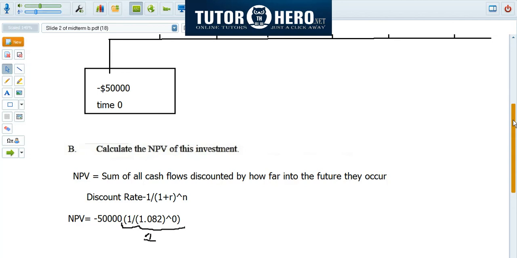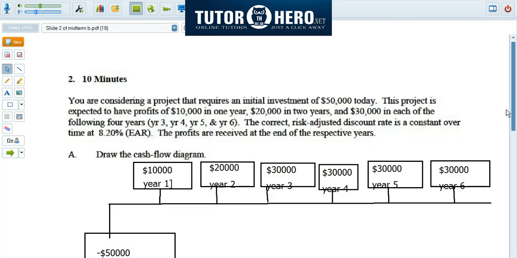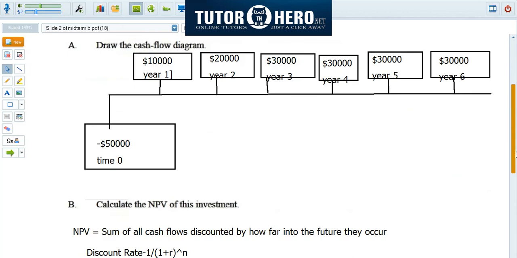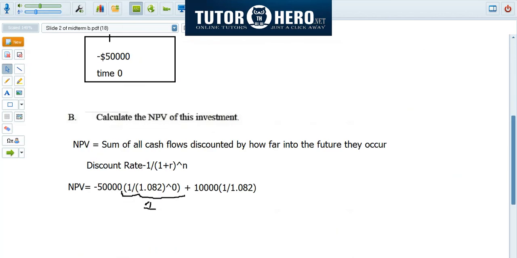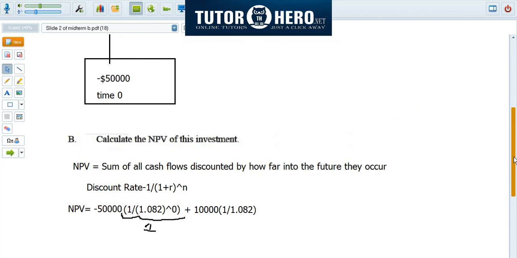For the next year, you get $10,000, and you're going to multiply it by the appropriate discount rate, which is 1 over 1.082. Again, you could raise that to the 1 power, but raising something to the 1 power just leaves it by itself. And then after that, what are you going to get?